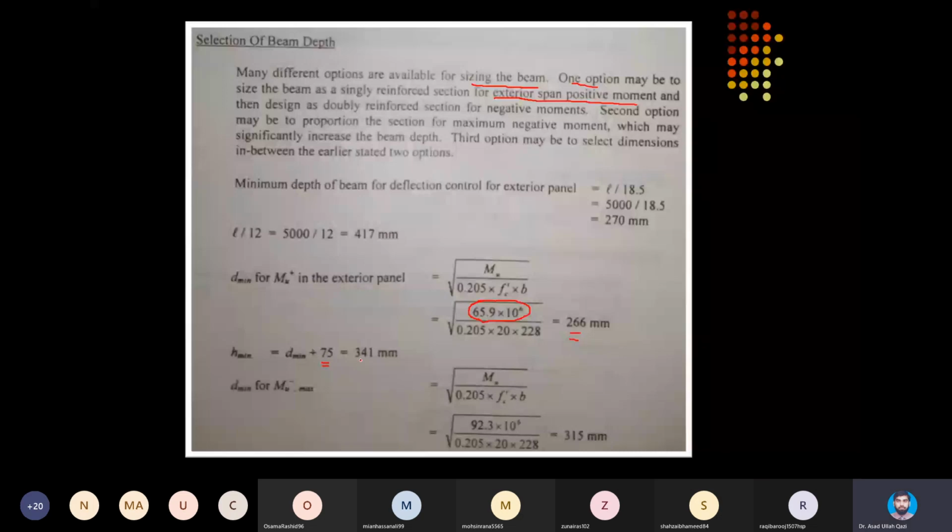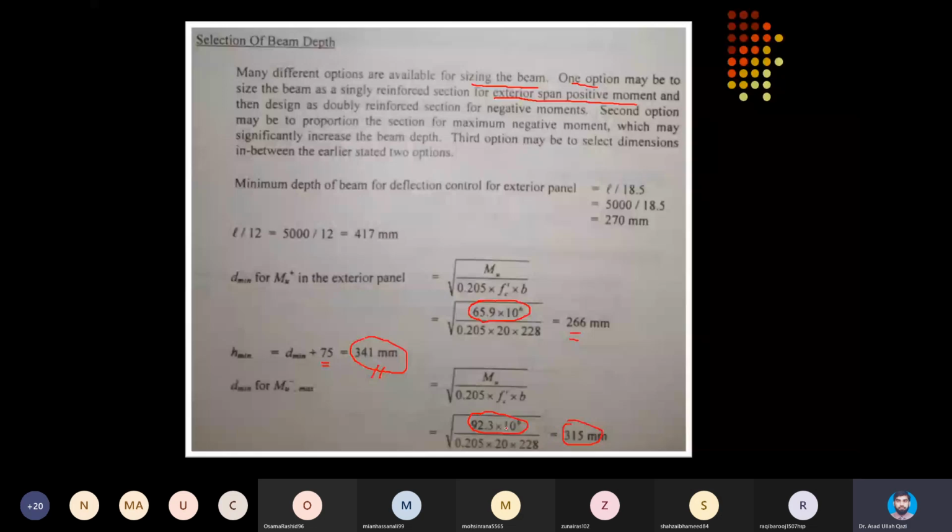So it means when you will enter the section where moment is more than 65.9, you will get the depth less than what is required at the section with higher moment. So with 92.3 you actually require D minimum 315 and you are selecting 266.